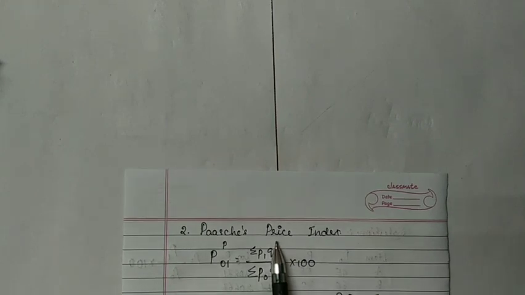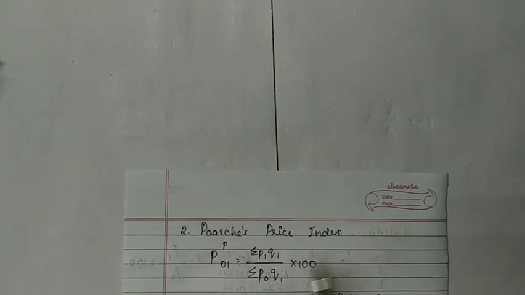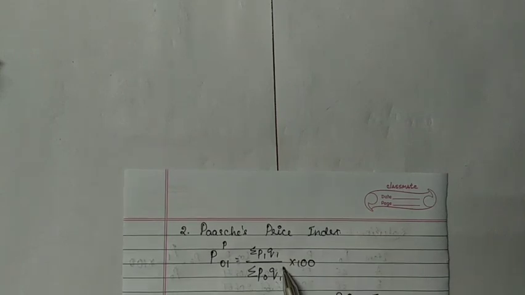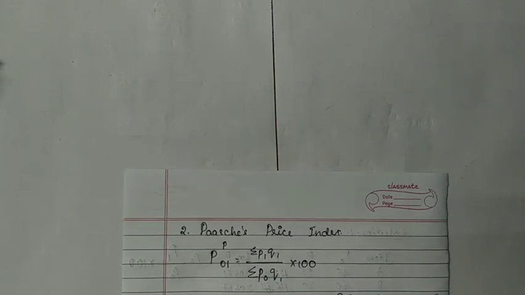In the second one, Paasche's price index, we are keeping current year's quantity as weight. In the first one, we were considering base year quantity as weight, so now in the second one, we are considering current year quantity as weight. So our formula will be P01 of P is equal to summation P1 Q1 divided by summation P0 Q1 multiplied by 100.